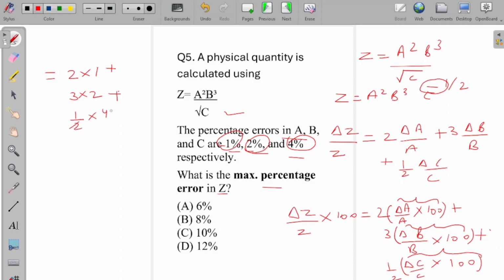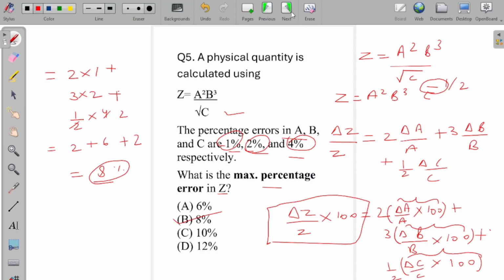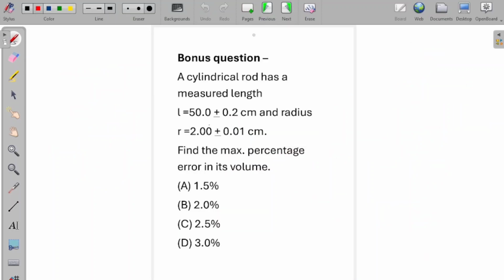We will simplify these and we will get 2 plus 6 plus 2. This will be 8%. So delta Z upon Z into 100, which is the percentage error in Z, is 8%. The answer is B.